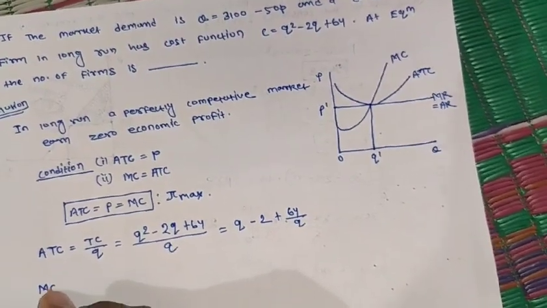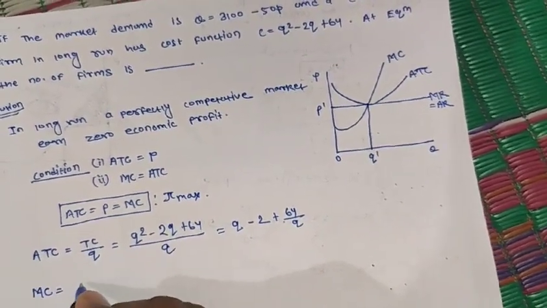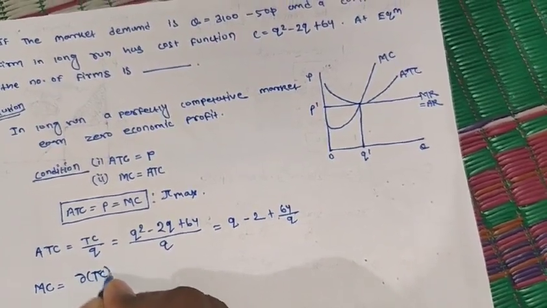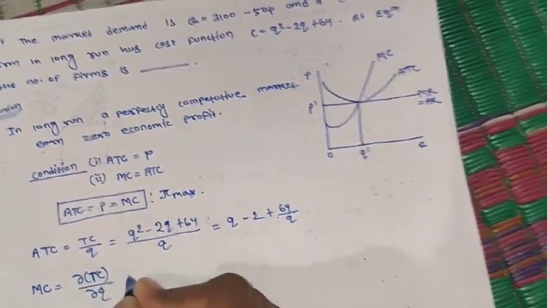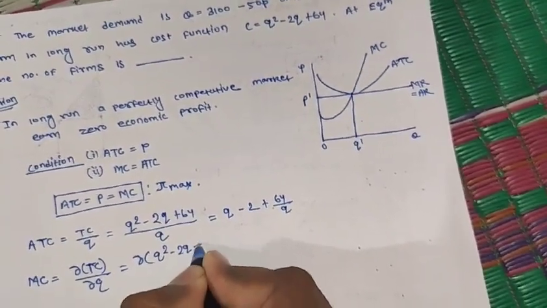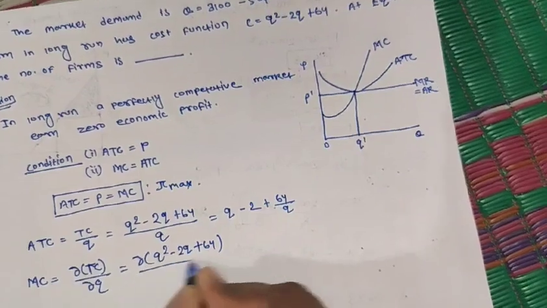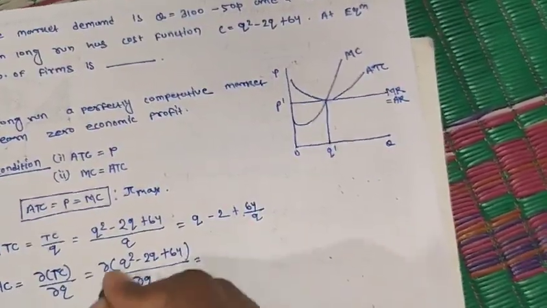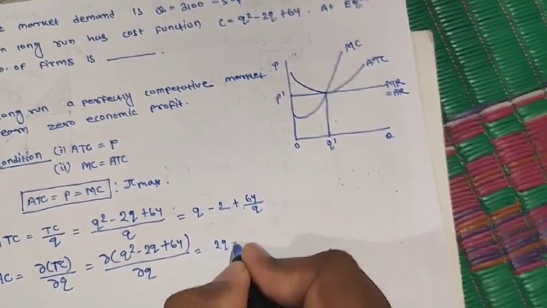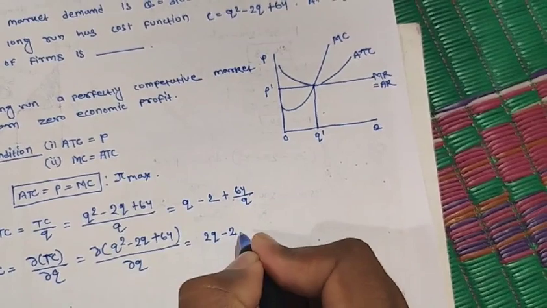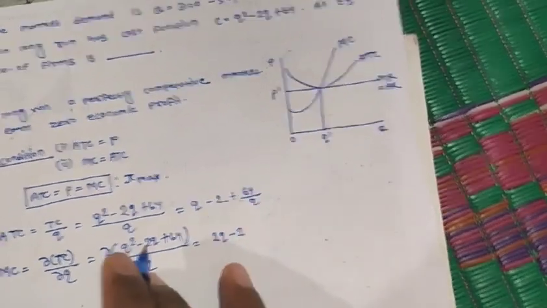Marginal cost is simply the derivative of the total cost function, that is del TC upon del Q. Del of Q square minus 2Q plus 64 upon del Q gives 2Q minus 2, and the derivative of a constant is 0. So this is the marginal cost.